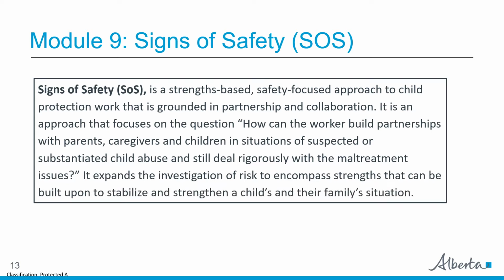It focuses on the question: how can the worker build partnerships with parents, caregivers, and children in situations of suspected or substantiated child abuse and still deal rigorously with the maltreatment issues? It expands the investigation of risk to encompass the strengths that can be built upon to stabilize and strengthen a child's and their family's situation.